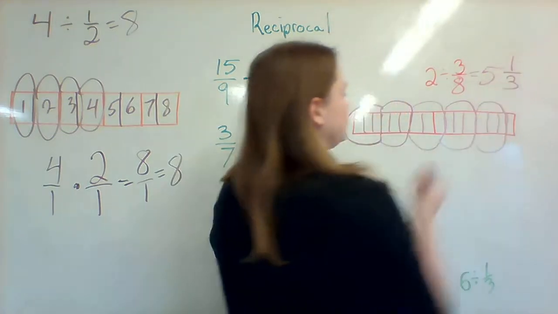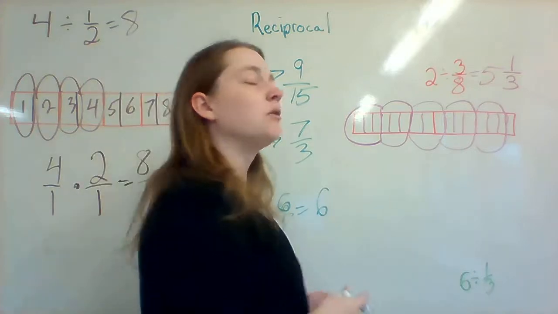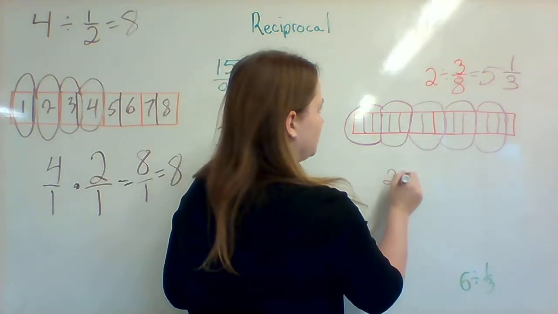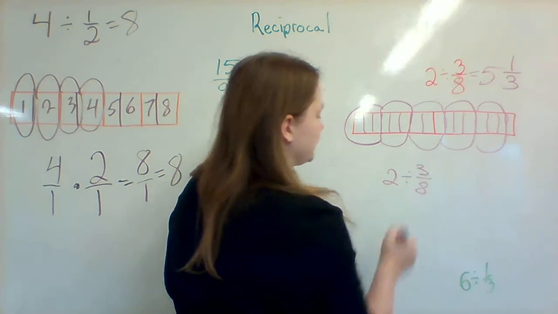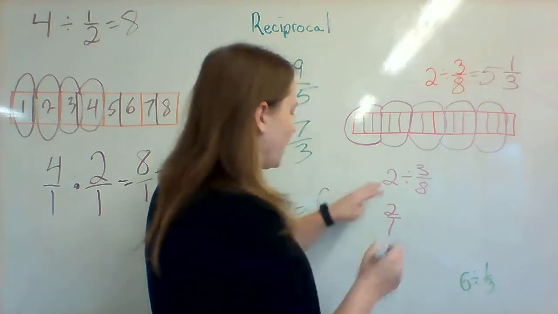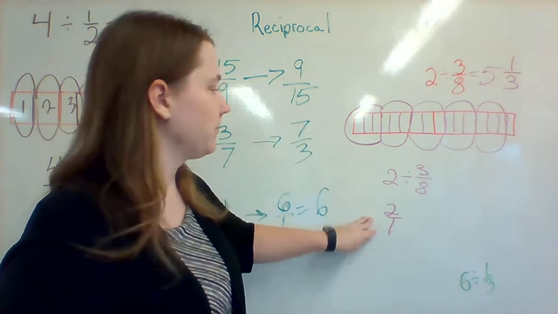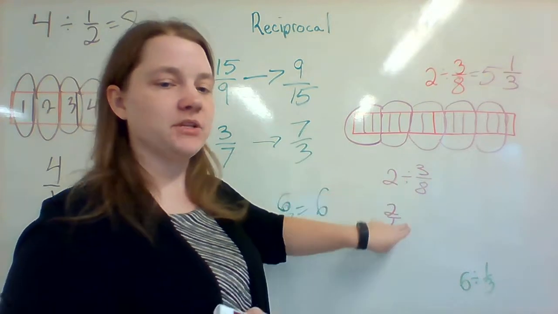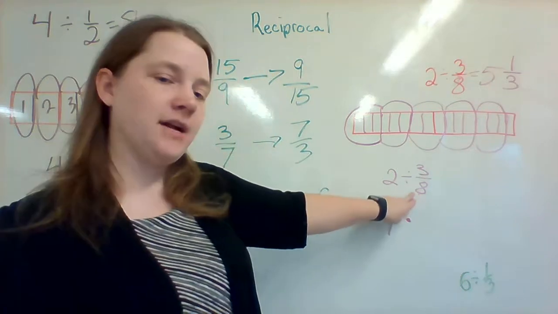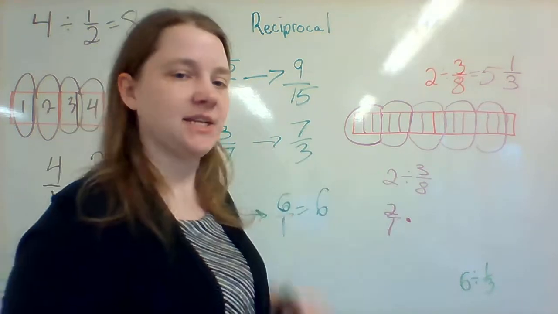Now let's do this showing the math and see what it really looks like when we're doing it without drawing the pictures. It was 2 divided by 3/8. I'm going to take this 2 and put it as a fraction, but I'm not going to change this first number. The division sign is going to change to a multiplication sign, and I'm going to find the reciprocal of 3/8, which is 8/3.